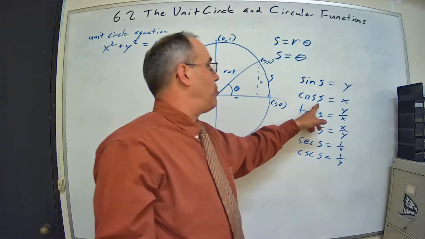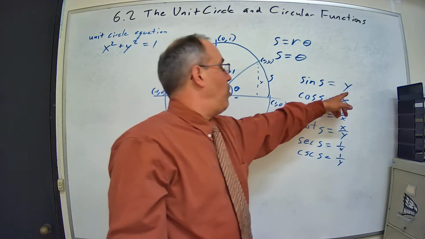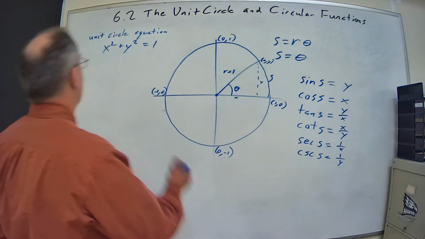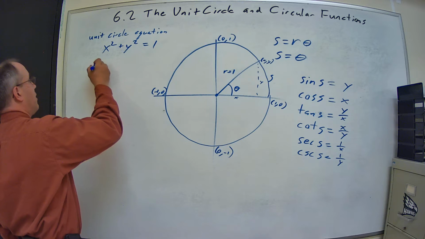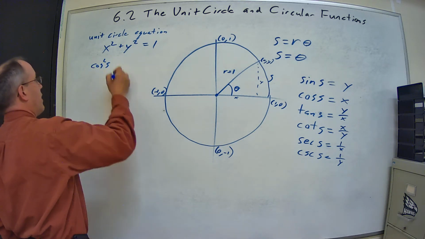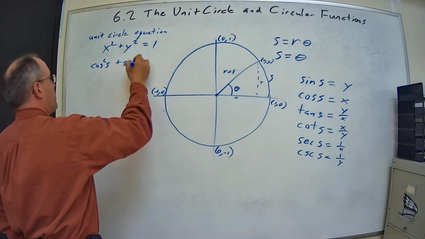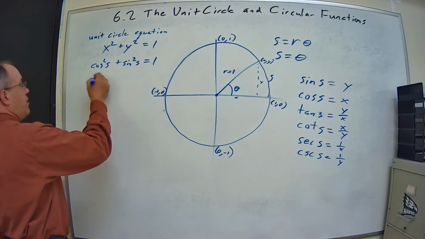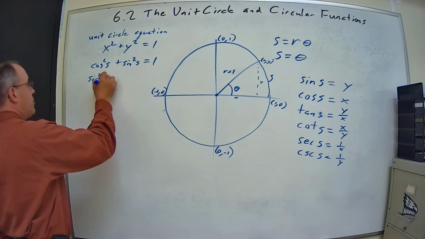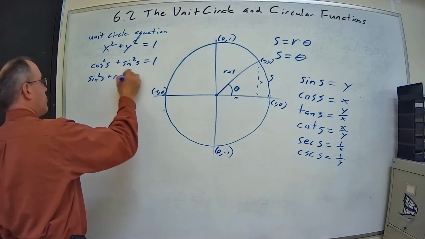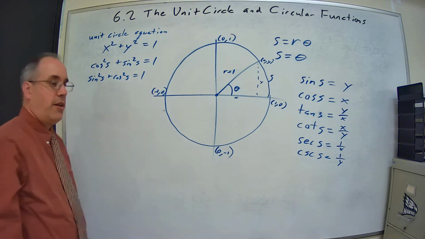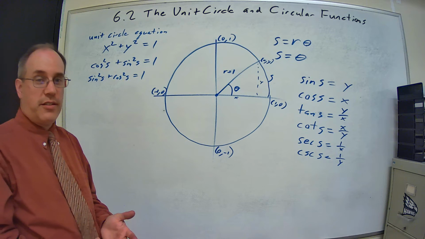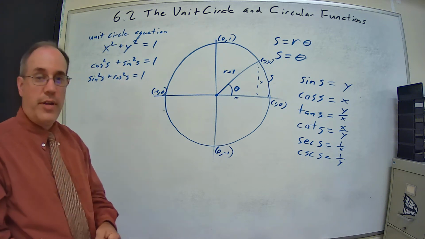X is cosine of S, y is sine of S, so that is cosine squared S plus sine squared S is equal to 1, which if I just simply rewrite that, we have sine squared S plus cosine squared S is equal to 1, which you remember as one of our Pythagorean identities for trigonometric ratios.